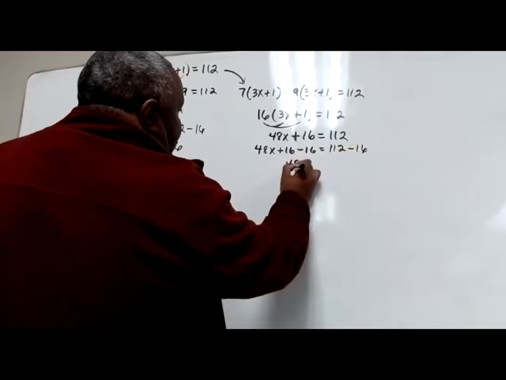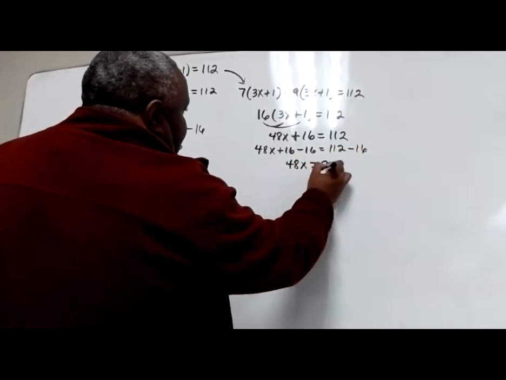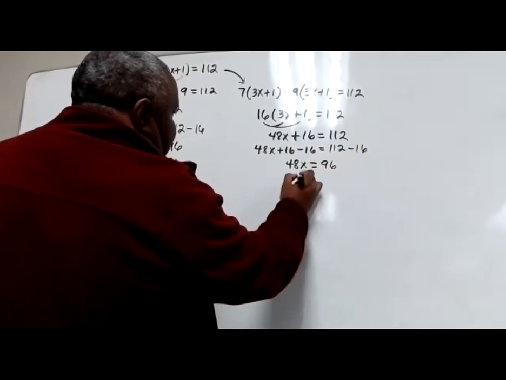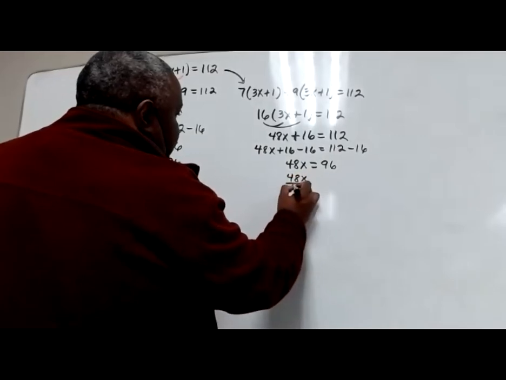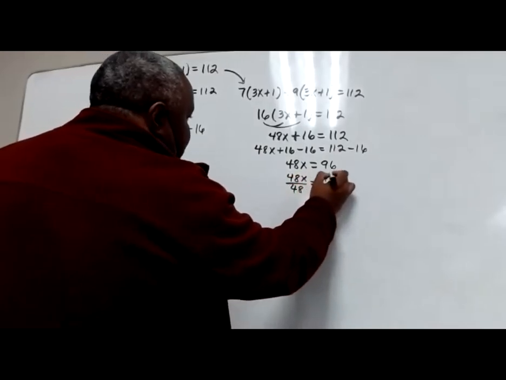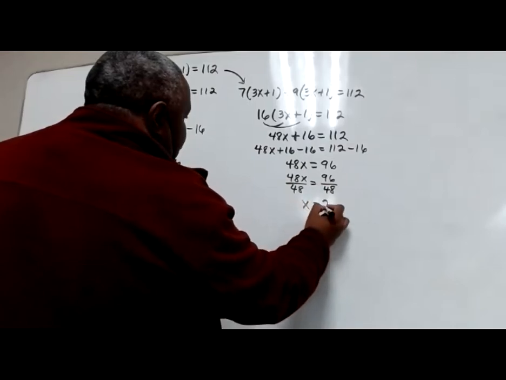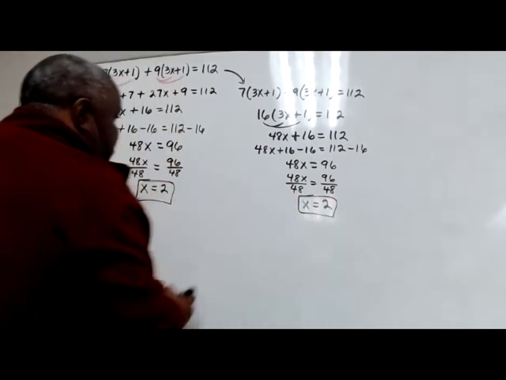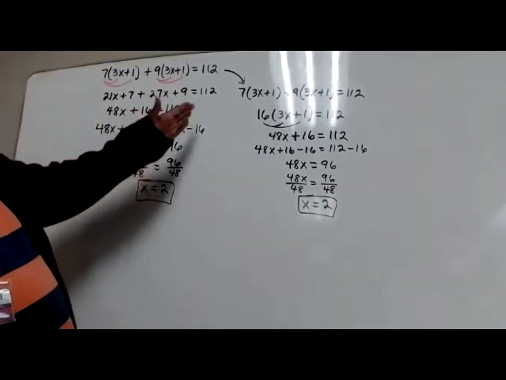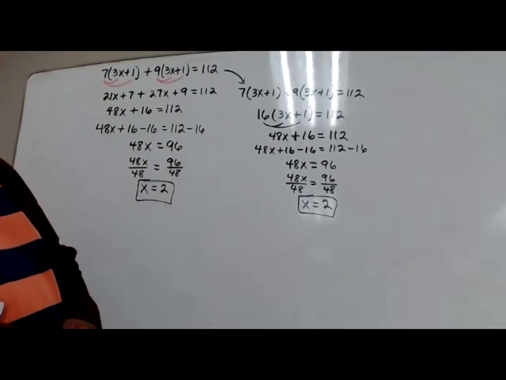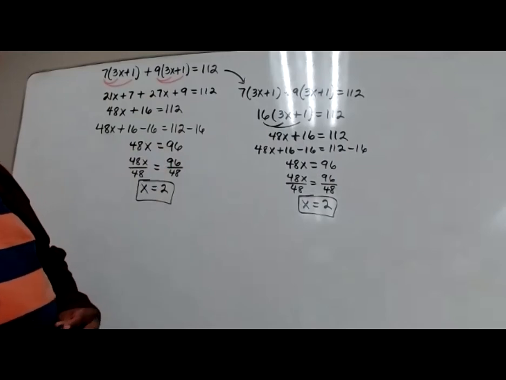And I'll be left with 48x on this side, and that's equal to 96. Divide both sides by 48. Again, x is equal to 2. So these are just two different ways of solving that equation.